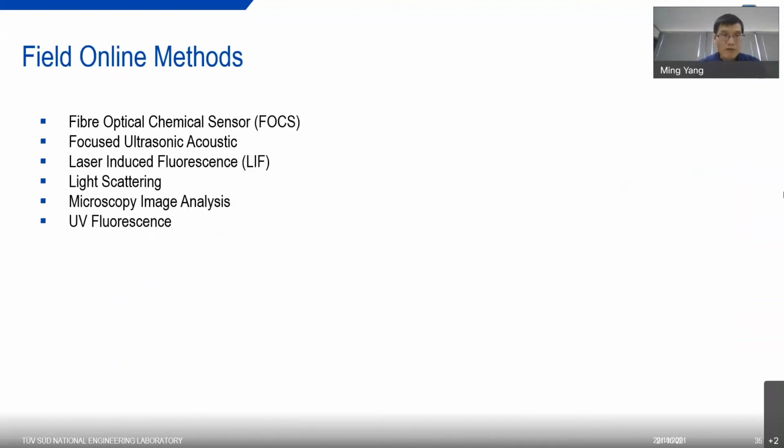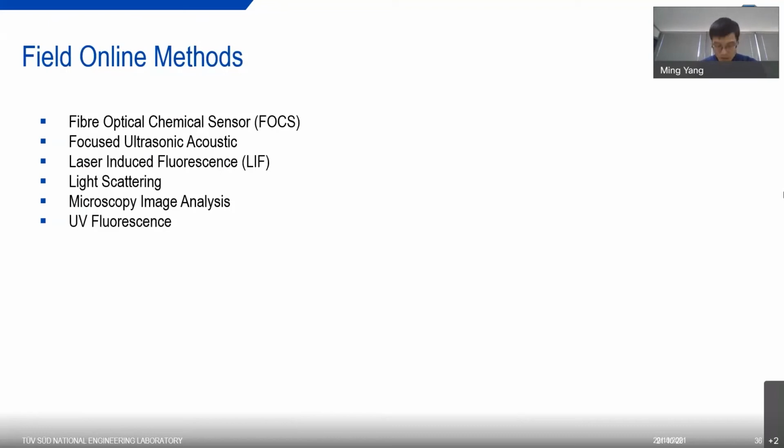And again, for field online measurement methods, there are five or six commonly known methodologies or techniques, and that includes laser-induced fluorescence, light scattering, ultrasonics, microscopy imaging, and UV fluorescence. Again, I'm not going to go through the details. You can refer to my book chapter.